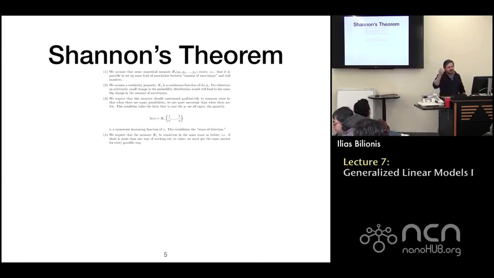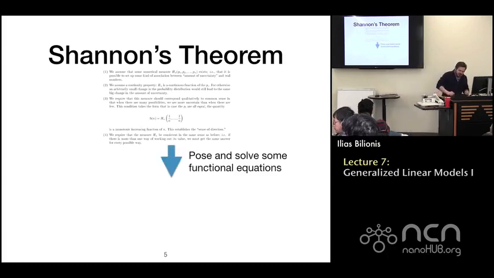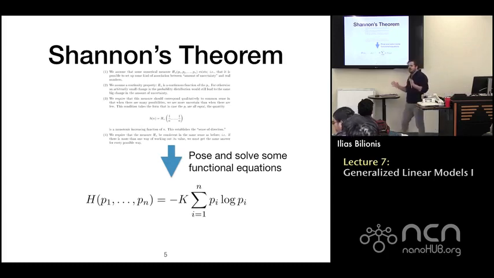A functional takes a distribution and tells you how much uncertainty there is in this distribution. And they're very reasonable, like it should be continuous, the maximum should be attained by the uniform distribution, and so on and so forth. Now, if you use these functionals, you come up with an almost unique representation of the entropy.